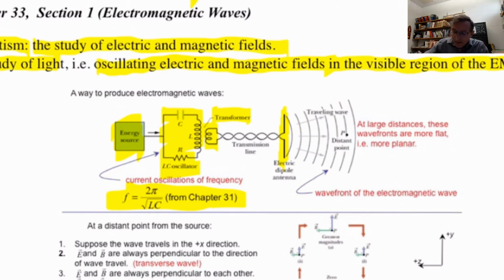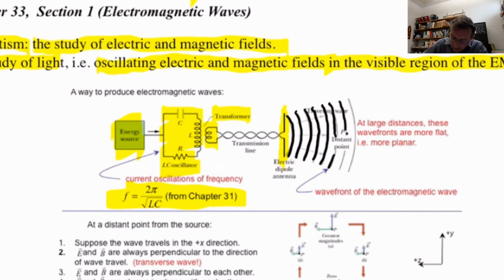And so these arcs that you see in the diagram are a very schematic way of representing what are called wave fronts for this traveling electromagnetic wave as it travels outward from the antenna. And as you can see, the farther you get from the antenna, the source, the more flat these wave fronts become, more planar, like the palm of your hand, as opposed to curved.